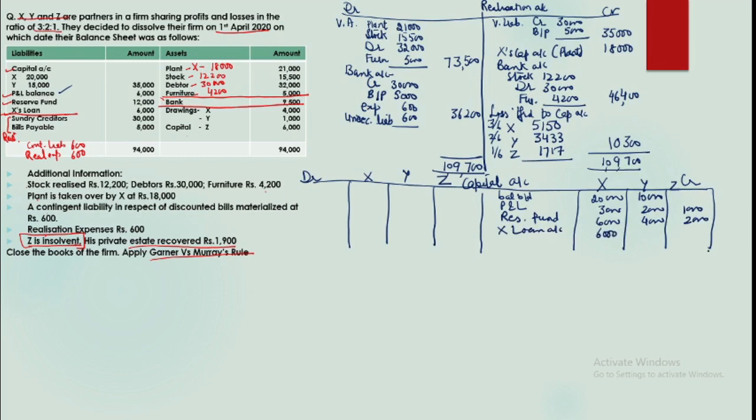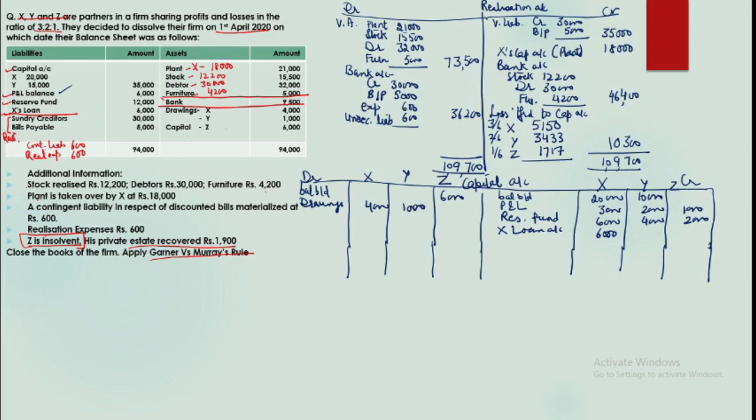But when we are preparing the accounts here through capital, we can always close their loans and advances in the capital accounts also. So there is no point in creating a separate account. We can close it here, no issues. On the other side, you have the capital balance of Z. So balance brought down for Z is 6,000, and you have drawings of X and Y, 4,000 and 1,000. So we have picked up everything from the balance sheet.